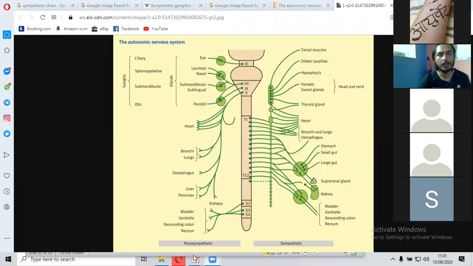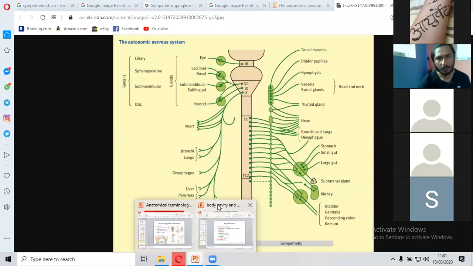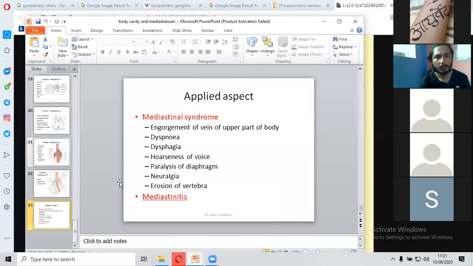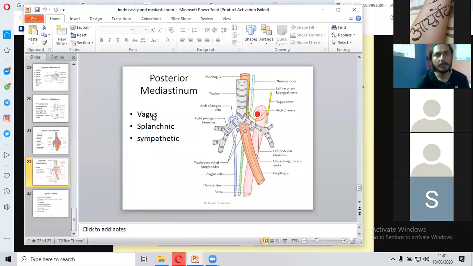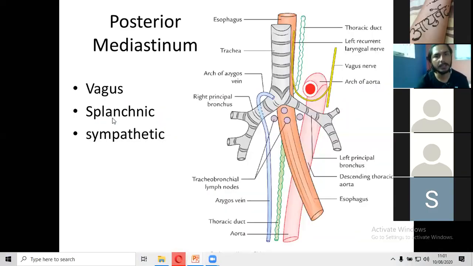This you will see in which mediastinum? The posterior mediastinum. Whereas you will see the greater and lesser splanchnic nerves there. Sorry, this is the sympathetic fiber, and the sympathetic chain is the sympathetic chain.